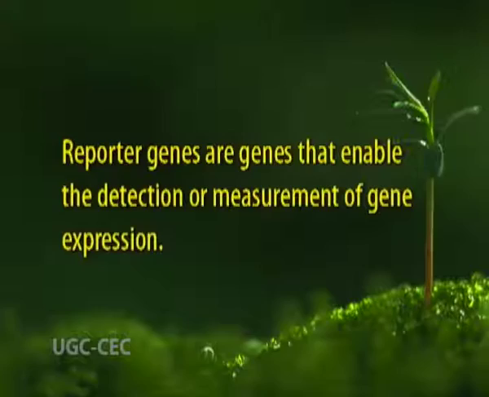In order to identify transformed cells or plants that have been growing on a selective medium, it is necessary to have an easily assayable reporter gene. Reporter genes are genes that enable the detection or measurement of gene expression.